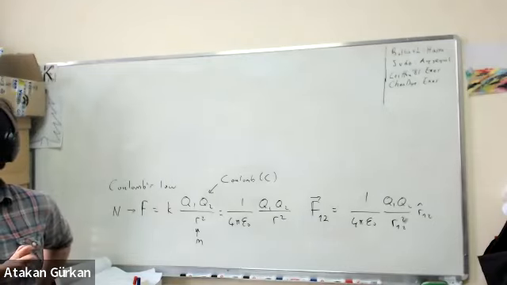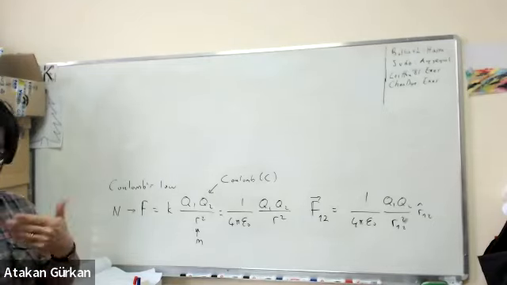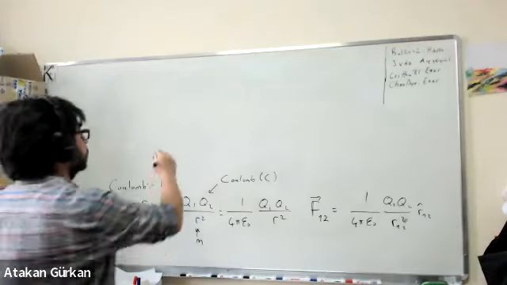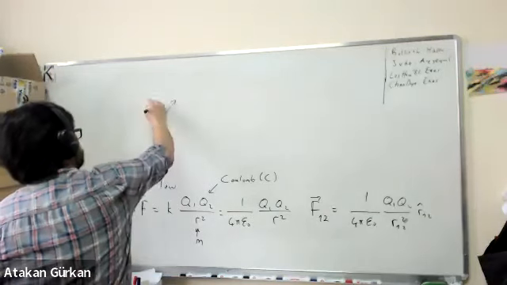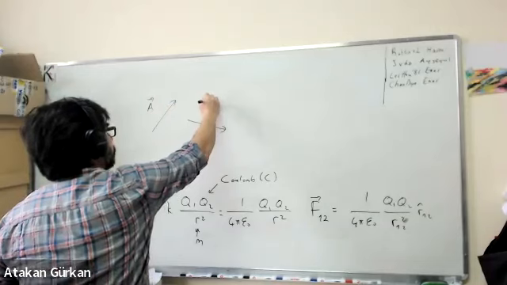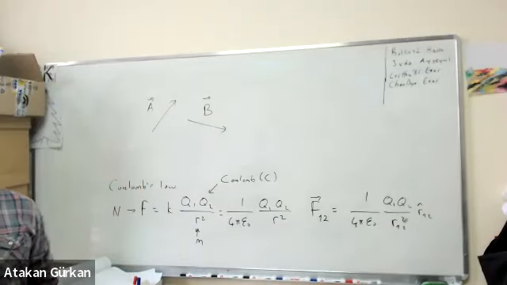Sometimes you can also use geometry. I don't know if this is necessary or not, but if you have two vectors, A and say B, you can add and subtract these by dividing them into components.